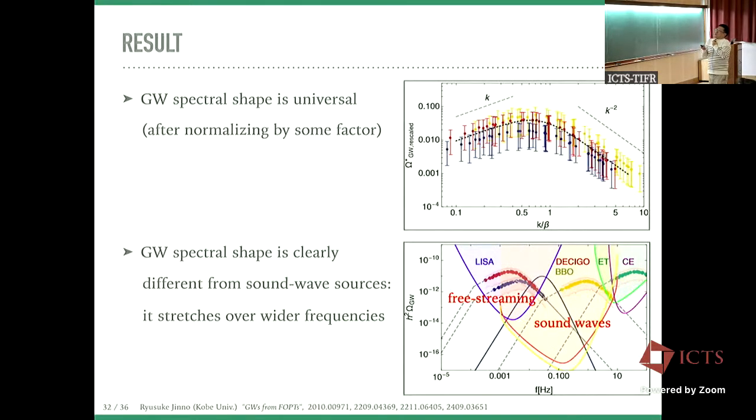I will skip all the details and show the final result. The horizontal axis is the wave number, or frequency, of the gravitational waves, and the vertical axis is the amplitude, the energy density of the gravitational waves. After normalizing by some factor, the gravitational wave spectral shape is found to be universal for different particle physics parameters.